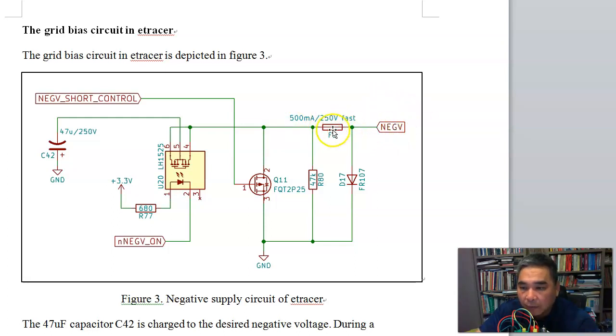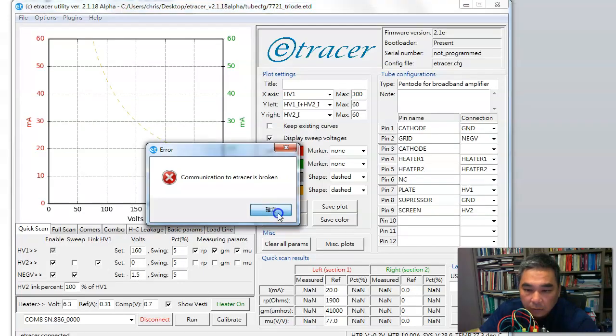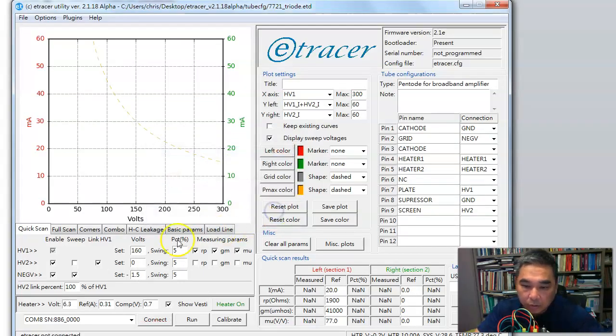Here is a fuse with a very low resistance, and so during the measurement phase, C42 is more like a battery.